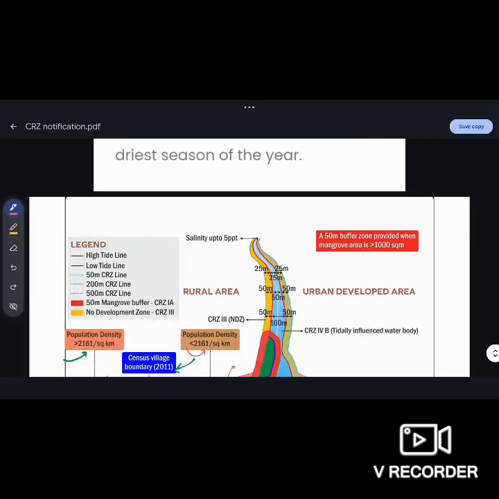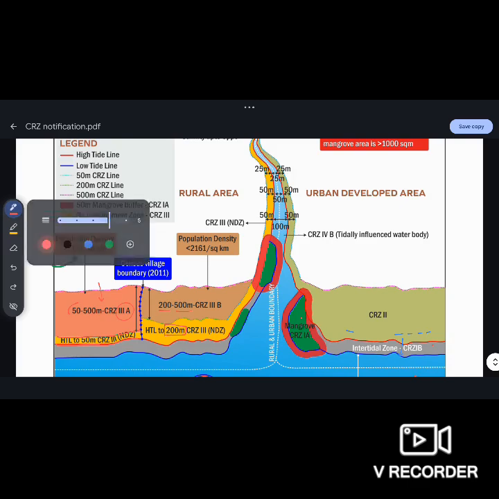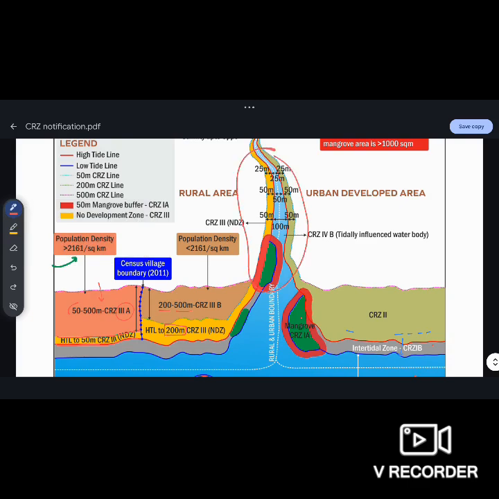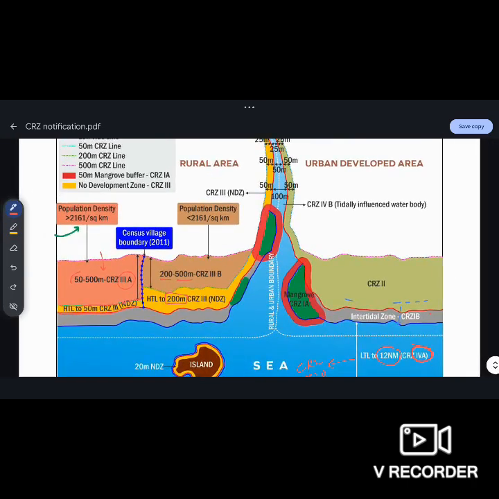You will understand this better with this diagram. So this blue stretch of water body is basically a rivulet here, and it is under the influence of tide. This rivulet is merging here into the sea, and this is its mouth.